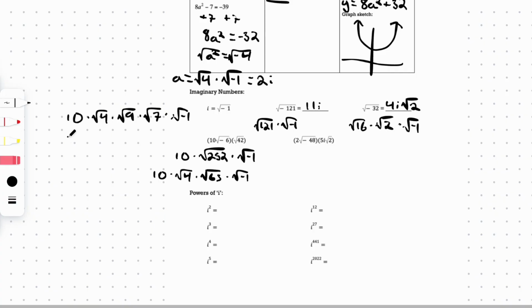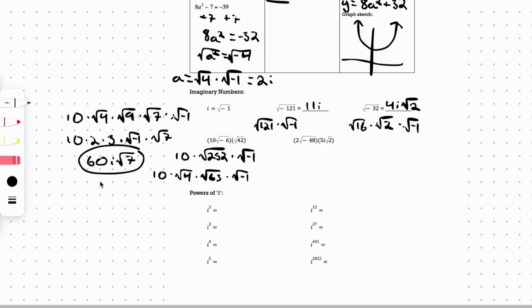Root 4 is 2, so we're going to have 10 times 2 times square root of 9 is 3 times, and I'm just going to move this root negative 1 here, times root 7. And 10 times 2 times 3 is going to give us 60, my bad, I'm tripping, 60, and then the square root of negative 1 is just i, and then we multiply by root 7. So this is going to be our answer.